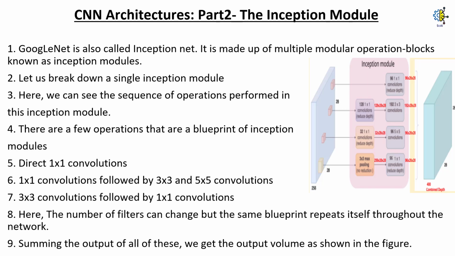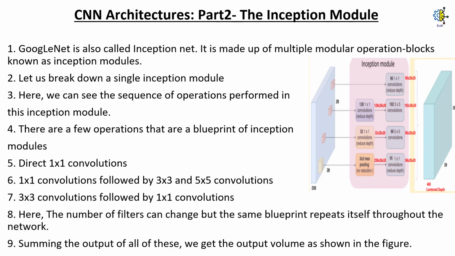The Inception module. GoogLeNet is also called InceptionNet. It is made up of multiple modular operation blocks known as Inception modules. Let us break down a single Inception module. Here we can see the sequence of operations performed in this Inception module.